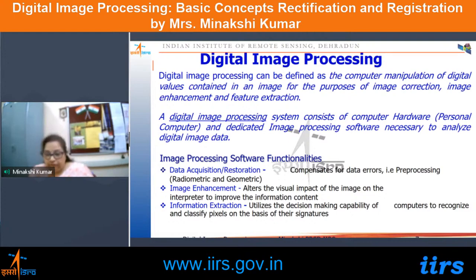And third is the main thing, which is extracting useful information out of the remote sensing data. These are the 3 main functionalities which any open source software, commercial software, or your own code should be able to provide.